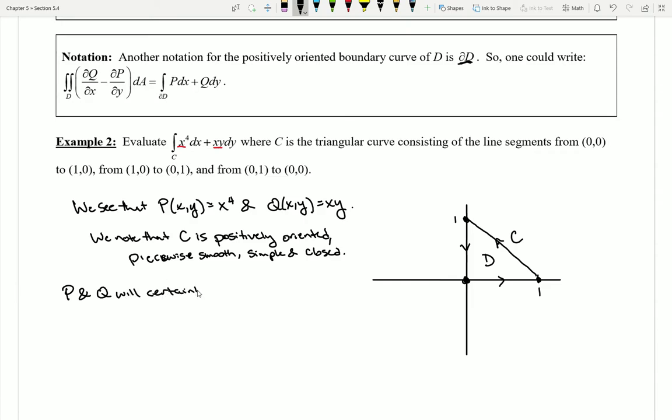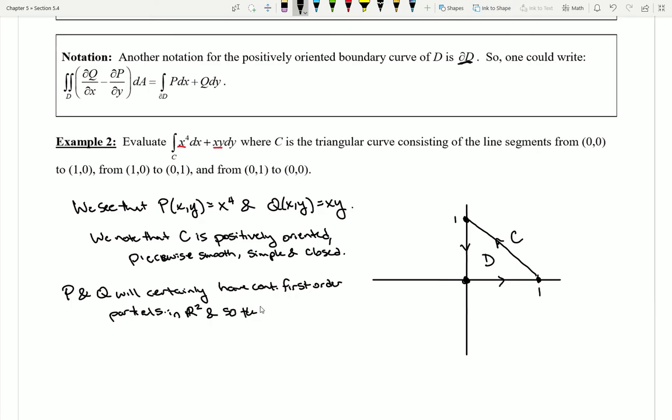So P and Q here will certainly have continuous first order partials.